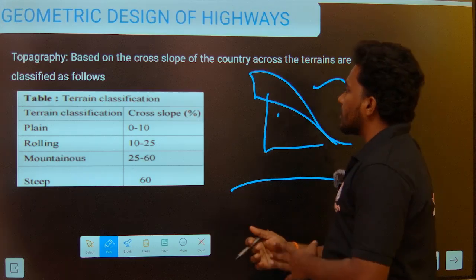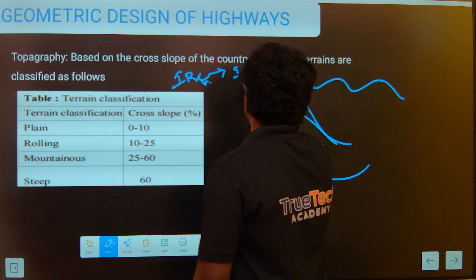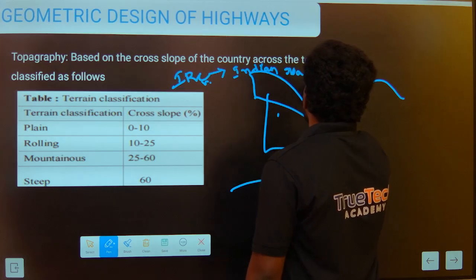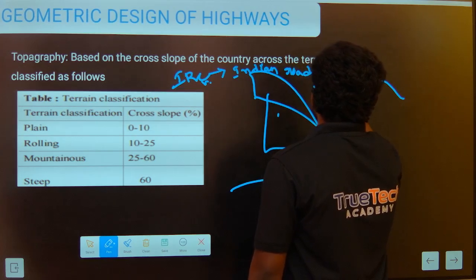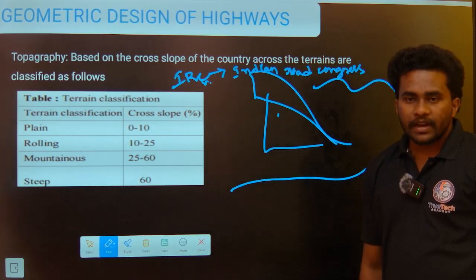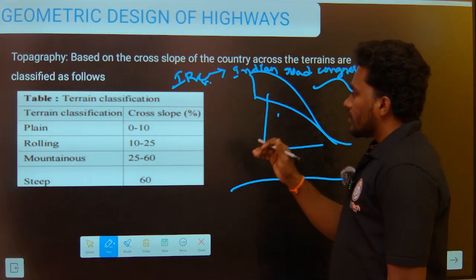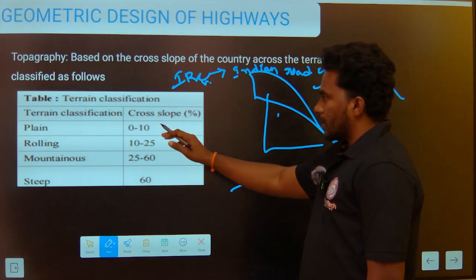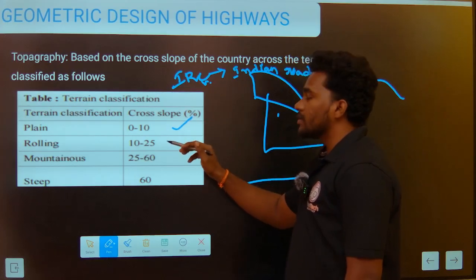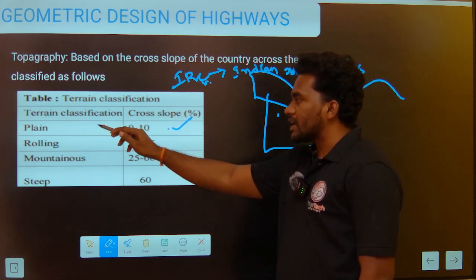As per the IRC, the Indian Road Congress, which is the authority deciding the parameters of the road: if the ground has a cross slope of 0 to 1%, we classify it as a plain terrain.